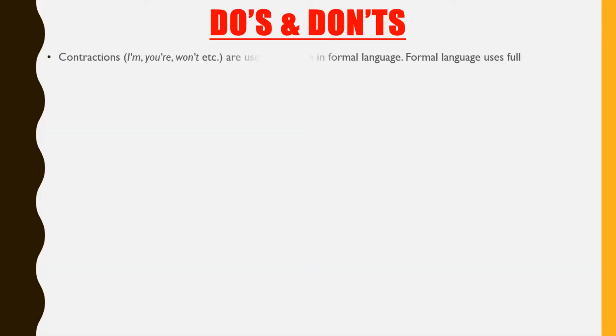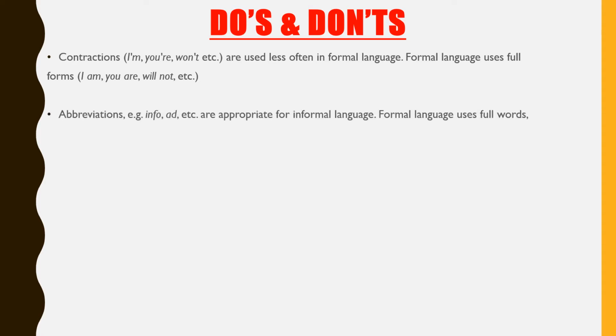When writing a formal email, you have to take into consideration that contractions are not used unless you are talking about associates who have been working together for some time and have established a good relationship. Apart from that, it's better to use the full form in a formal email. The second point is about abbreviations.